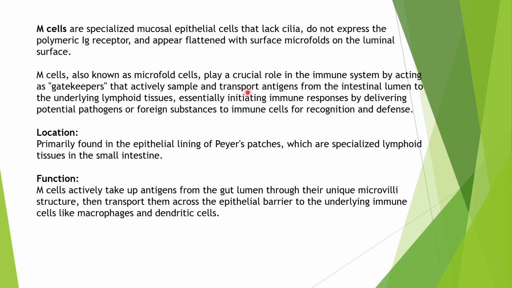So it mainly acts as a gatekeeper to let in or not let in. If it is in your intestines, it has to be processed, so it will allow pathogens or potentially pathogenic particles to go to your lymphatic system.